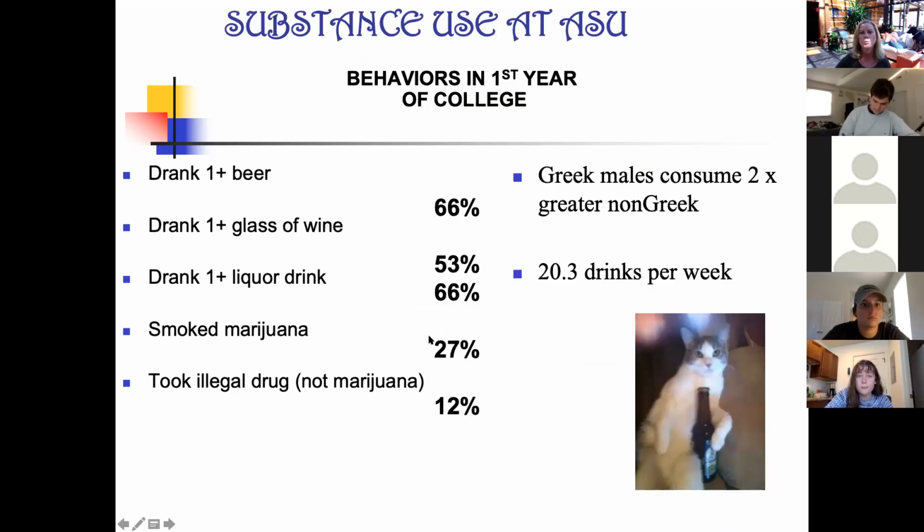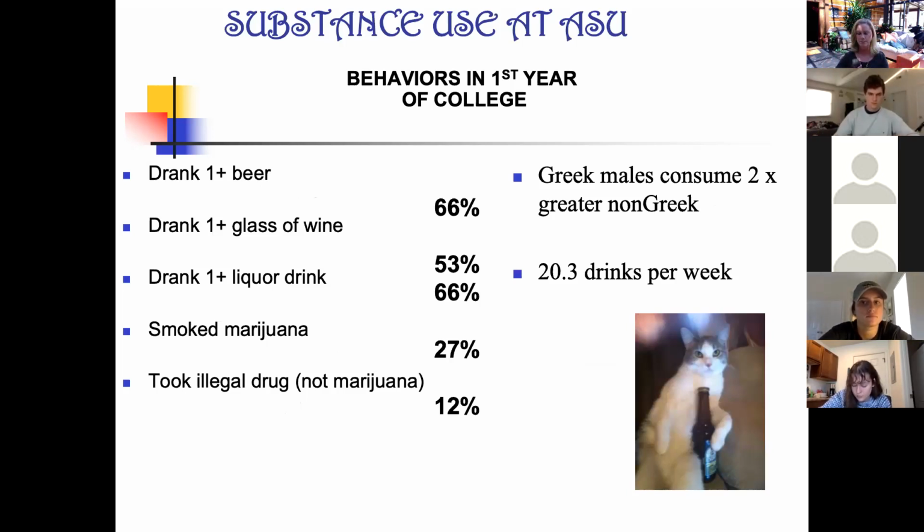When we've surveyed ASU students and asked them about consequences from alcohol use within their first year, lots of students have drank a beer, drank wine, smoked cannabis, took a legal drug that is not marijuana. We know that with Greek life, so fraternities and sororities, there's a really interesting increase in use for sorority and fraternity members. But I want us to think about this in 2 different directions.